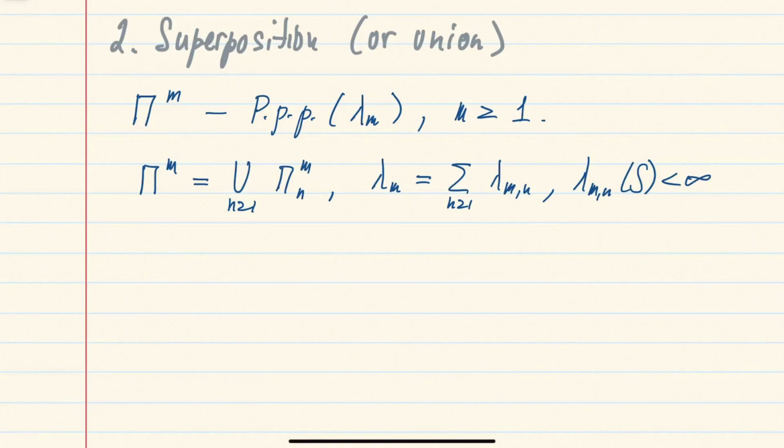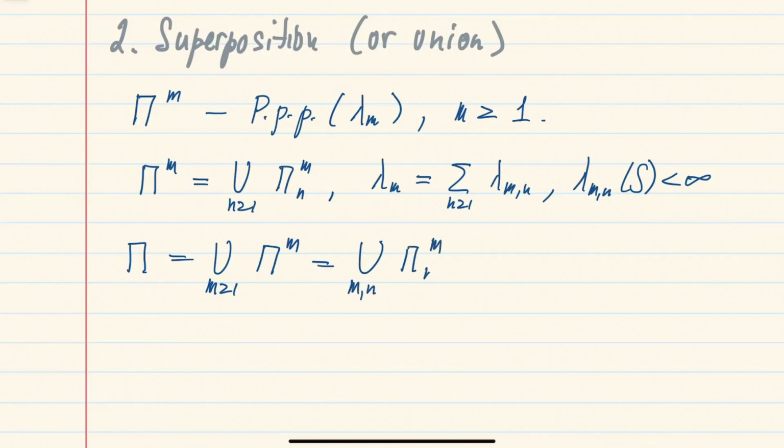But then if we take a union of all these Poisson point processes above, it's also a union over both parameters m and n of these finite random sets. And if we define this measure lambda to be a sum of all the mean measures above, it's just a sum over all m and n of lambda_mn.